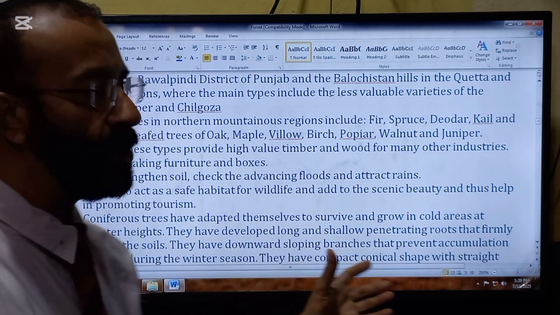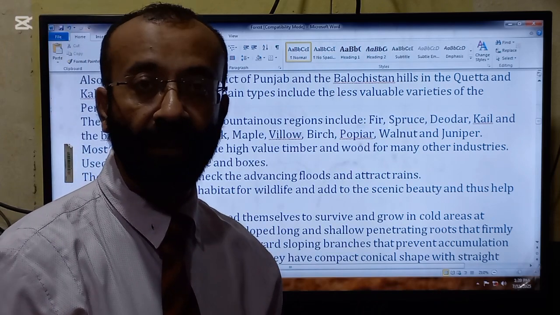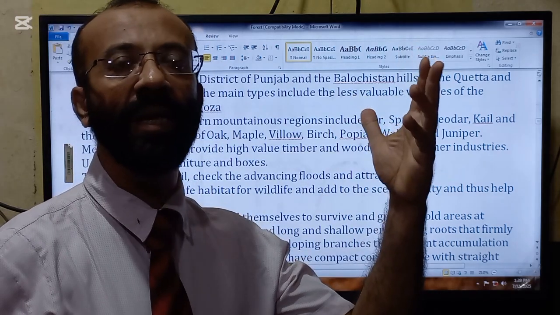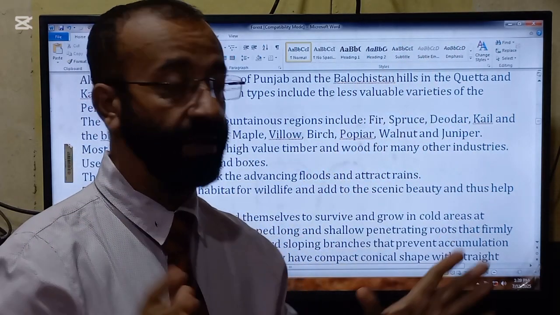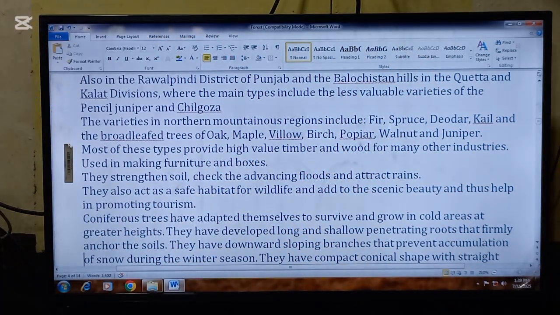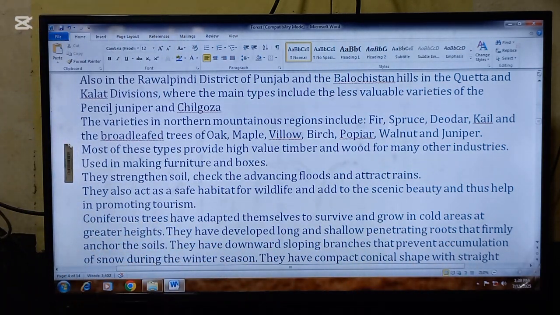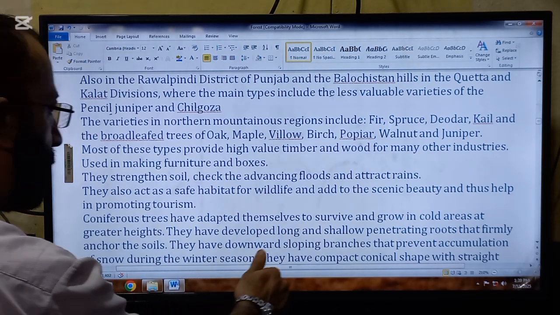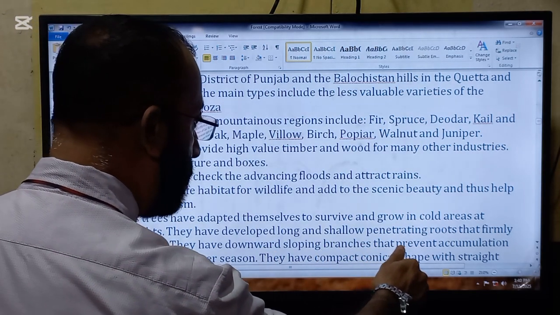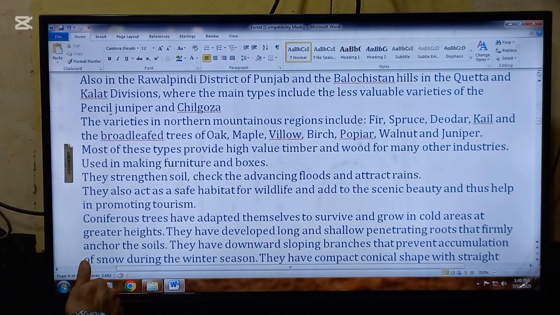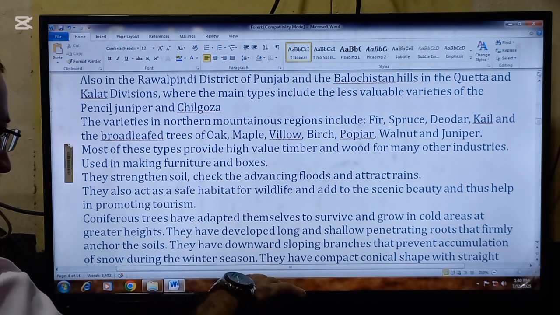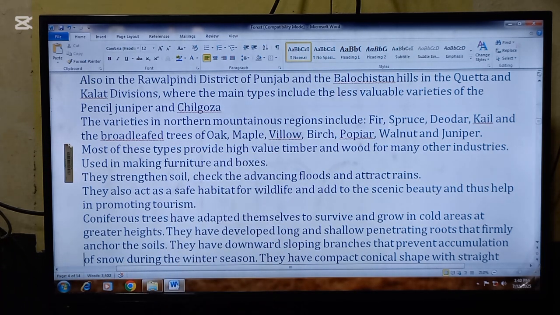And now we are going to read how they have adapted themselves to grow at very high places and in very cool places. So look now. Coniferous trees have adapted themselves to survive and grow in cold areas at greater heights. They have developed long and shallow penetrating roots that firmly anchor the soil, due to which they firmly grip the soil and stand there.